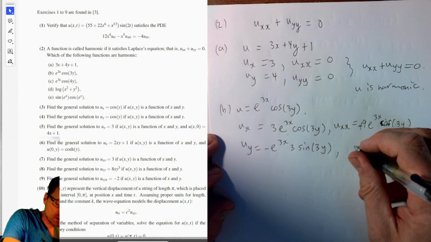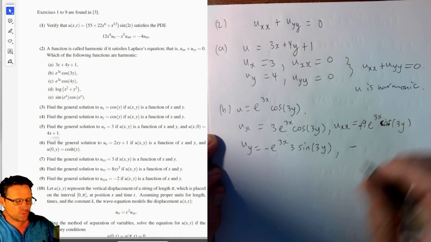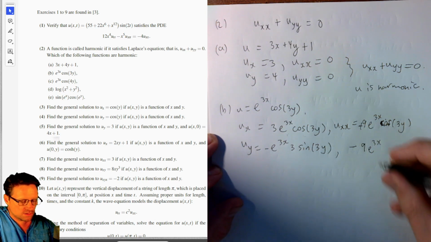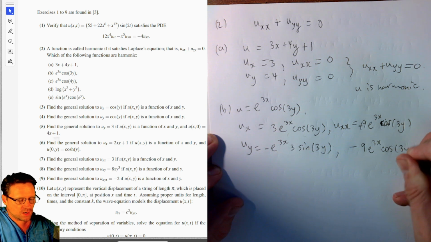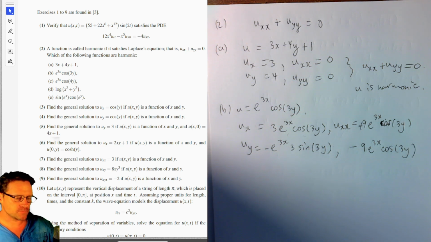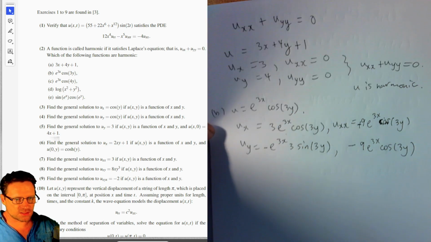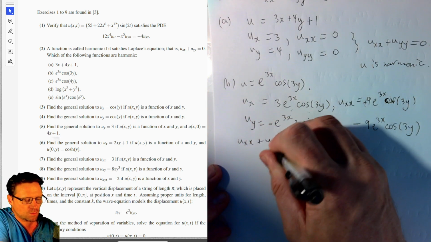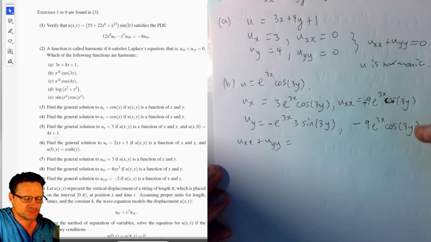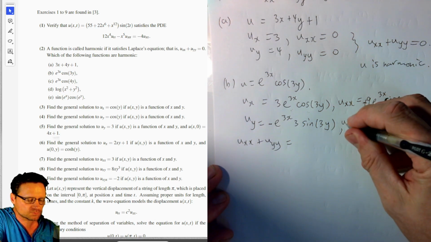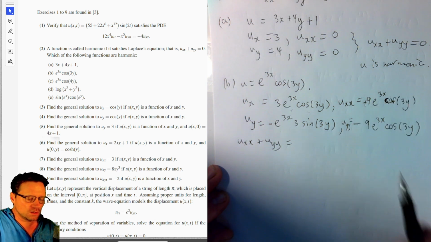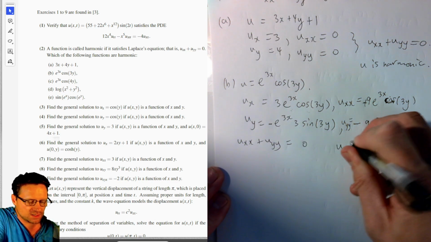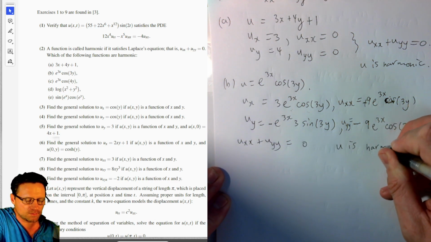Derivative of sine is cos, so we end up with minus 9e to the 3x cos of 3y. Okay, and so now u_xx plus u_yy is this plus this, which is 0. So again, u is harmonic for this example.